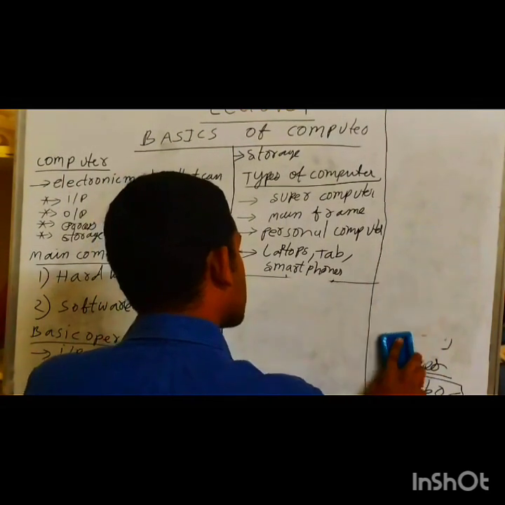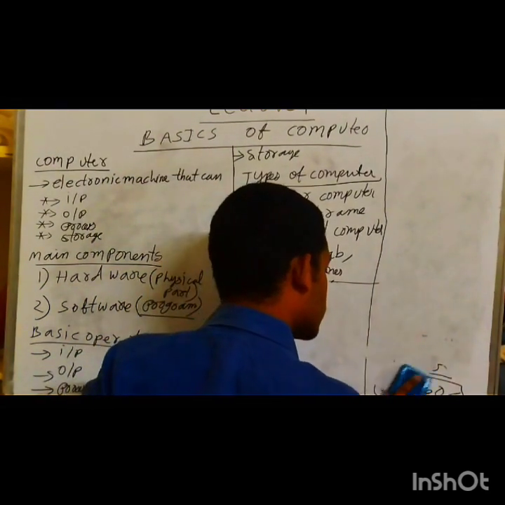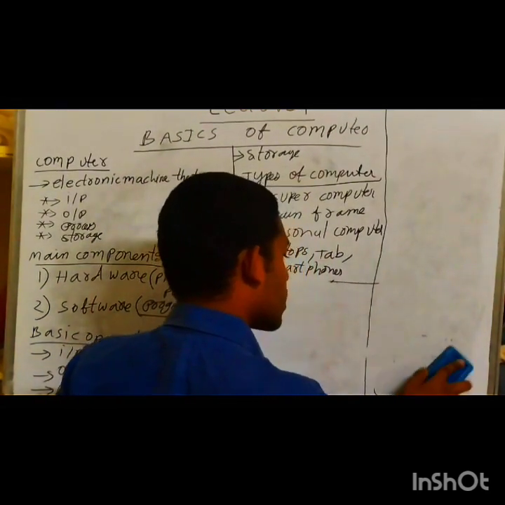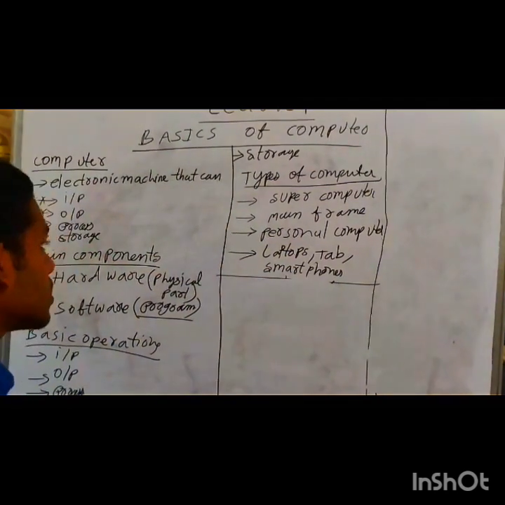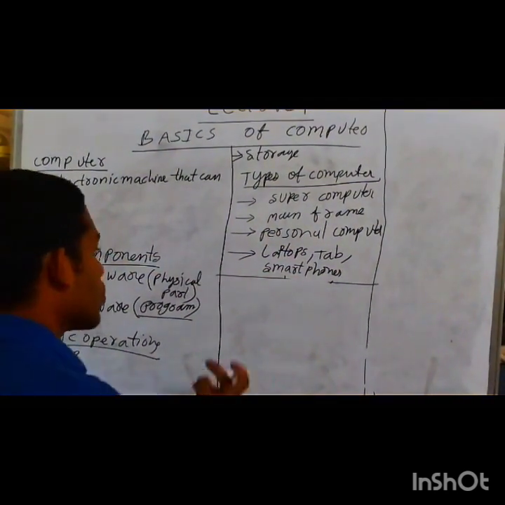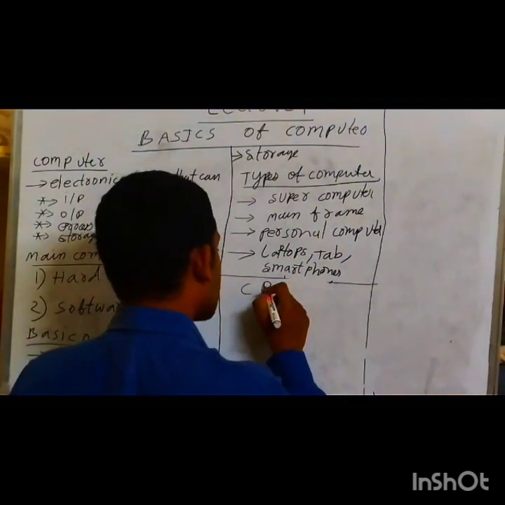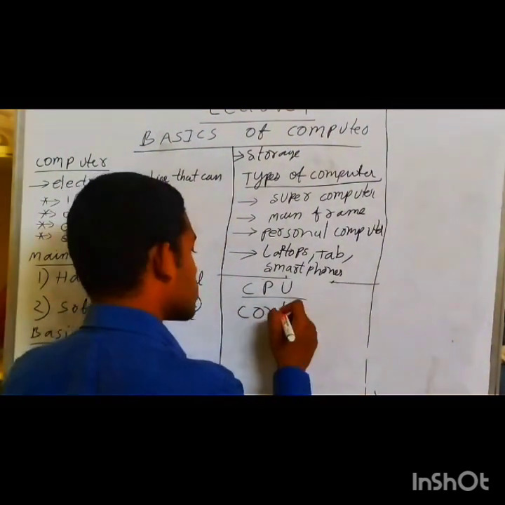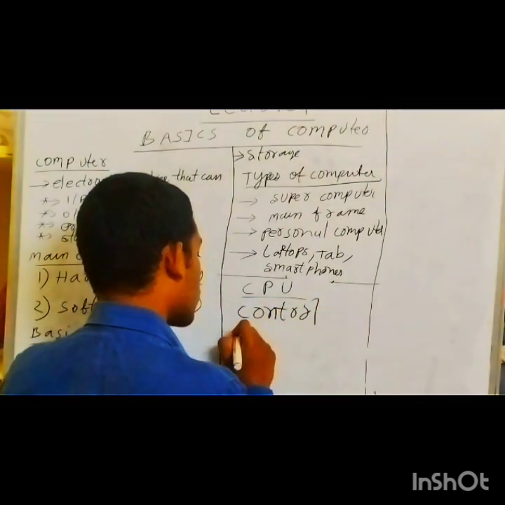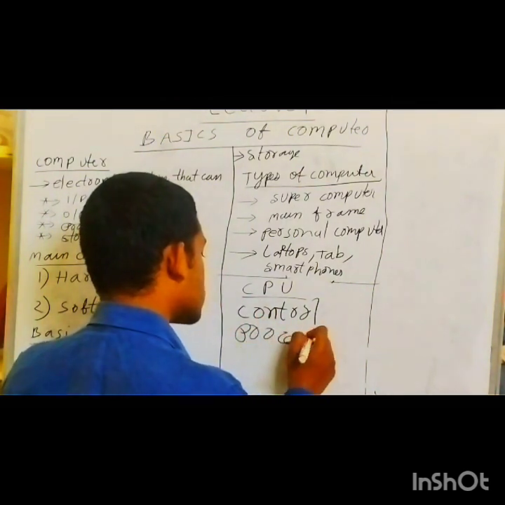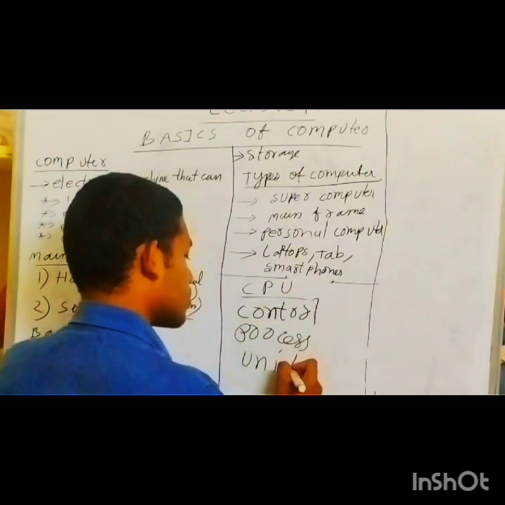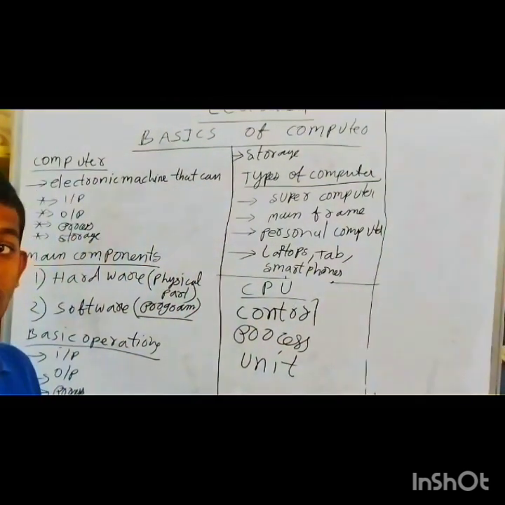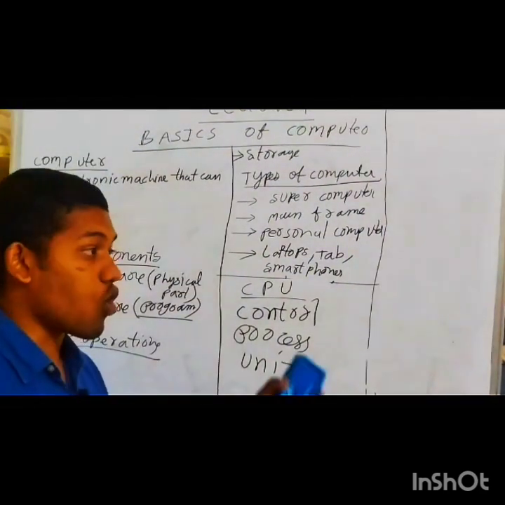The first one is CPU. CPU means Central Processing Unit. It will control the overall system.